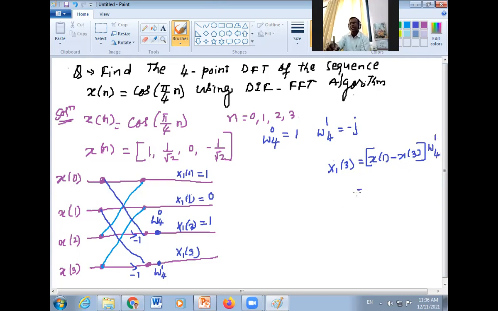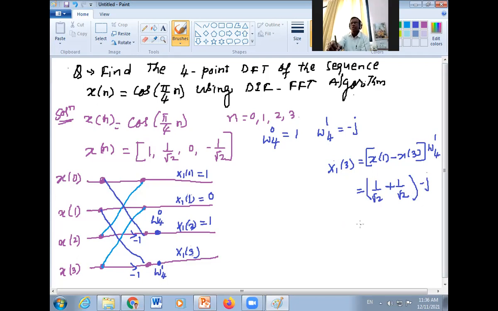Then here we can write x of 1, we have a value 1 by root 2 minus x of 3, whose value is minus, minus into minus is plus 1 by root 2. 1 by root 2 plus 1 by root 2 we are going to get, which is multiplied with the value minus j.